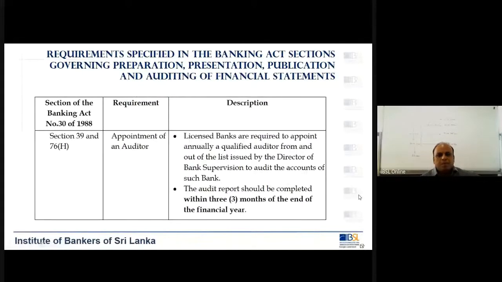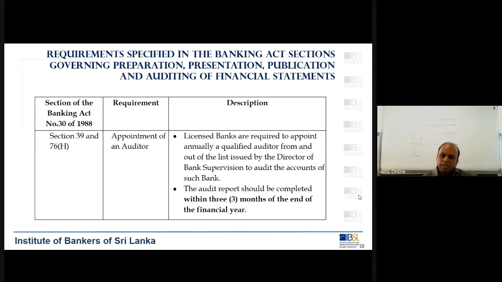Then Section 39 and 76H, appointment of an auditor. Now, who is an auditor? I told you about the member firms like EY, KPMG, Pricewaterhouse, BR De Silva. There are so many auditors. So licensed banks are required to appoint annually a qualified auditor from a list issued by the Director of Bank Supervision. Who is the Director of Bank Supervision?